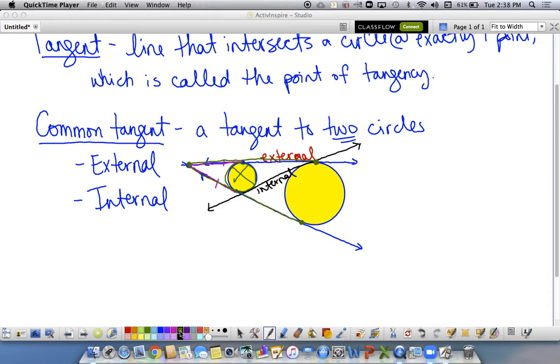Yes, they would. Okay? Well, what do you know now? If this green line is congruent to this green line and the pink line is congruent to the pink line, what can you know about the distance from here to here and here to here?